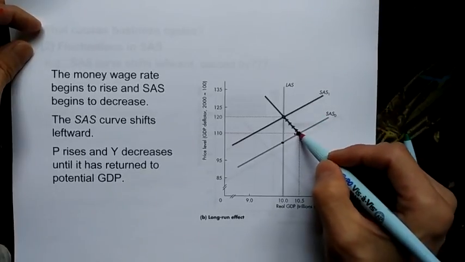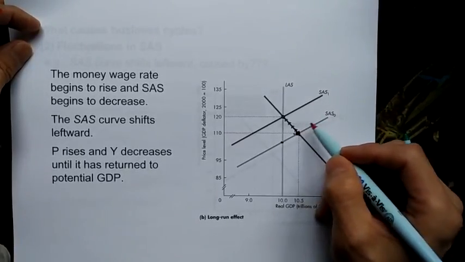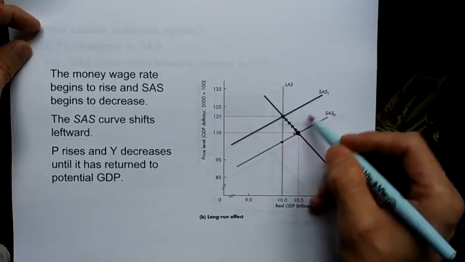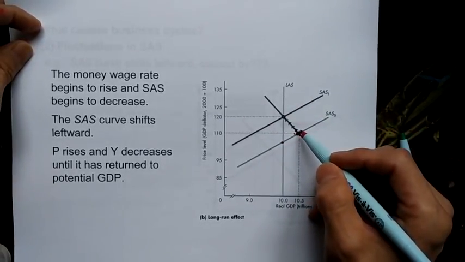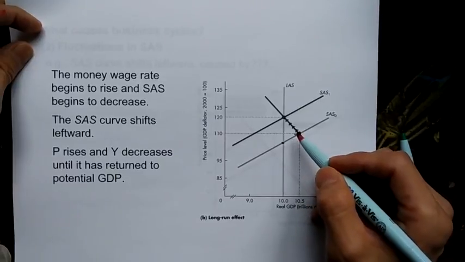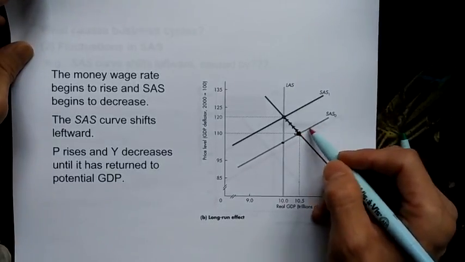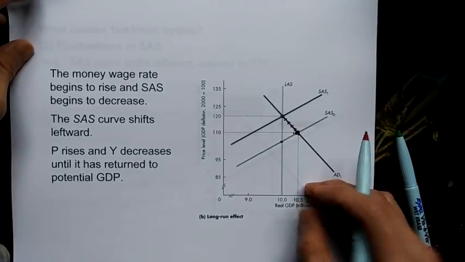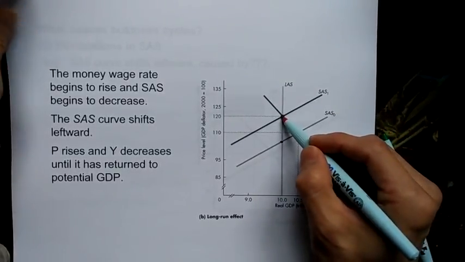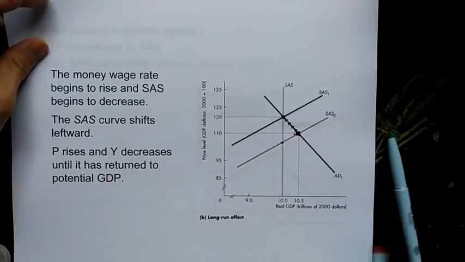So when nominal wage increases, short-run aggregate supply curve will shift to the left. That is the inflationary pressure that I was talking about. So short-run aggregate supply curve will shift to the left and go back to the original equilibrium.